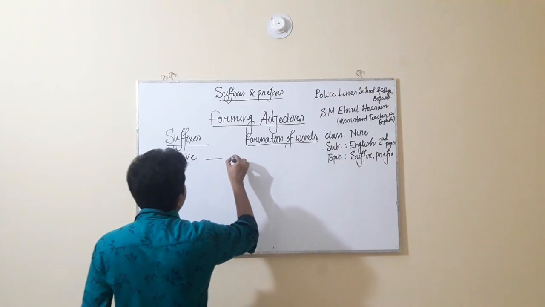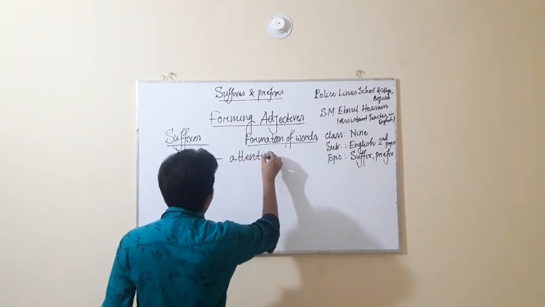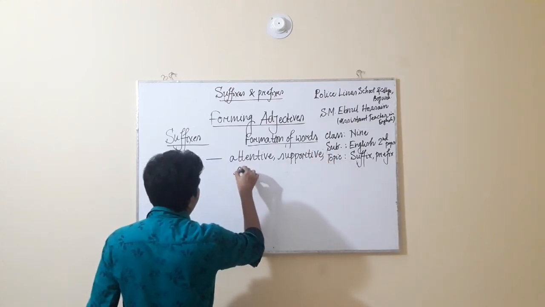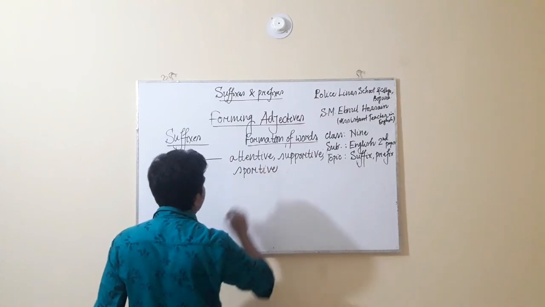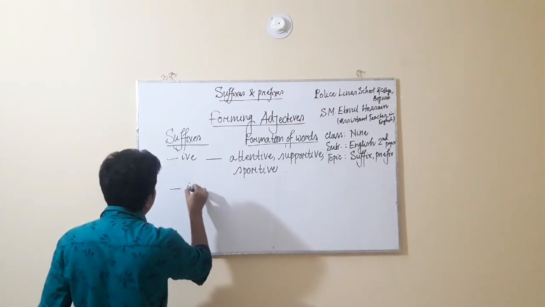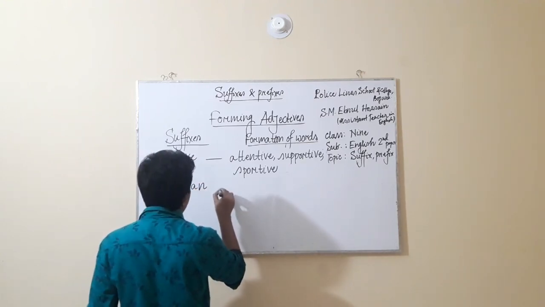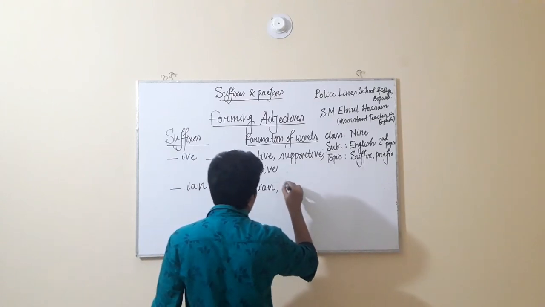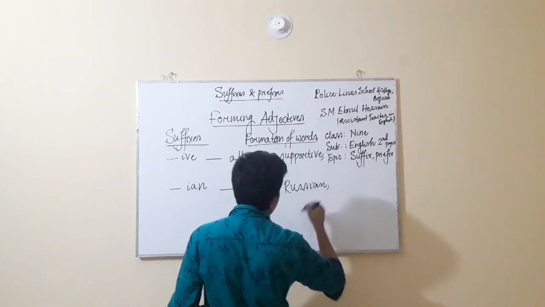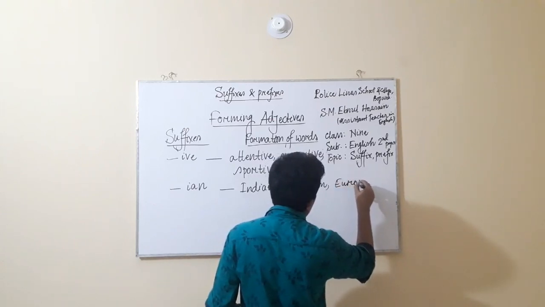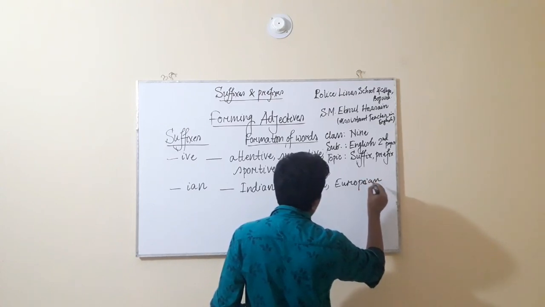IVE: attentive, supportive, sportive. Then IAN: Indian, Russian, European.